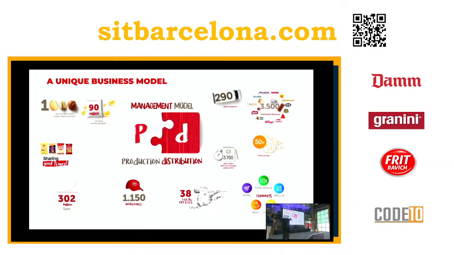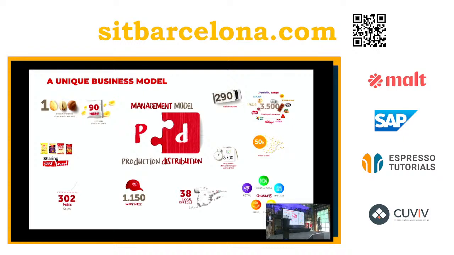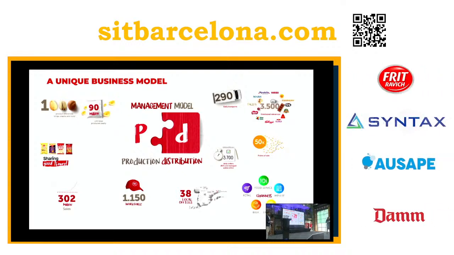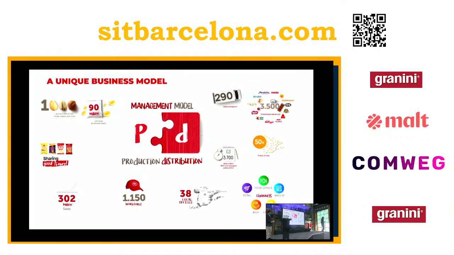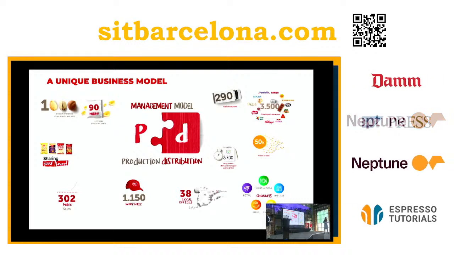In order to understand the business, Frit Ravich is recognized for its dual business model. We are combining both manufacturing and distribution. This duality is one of the company's defining strengths. At Frit Ravich, having a global and transversal vision of the business is really fundamental. To give you an idea of the scale of our operations, let me share some numbers.